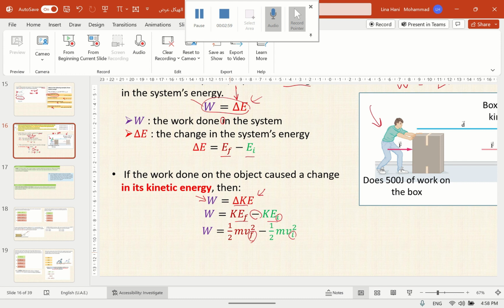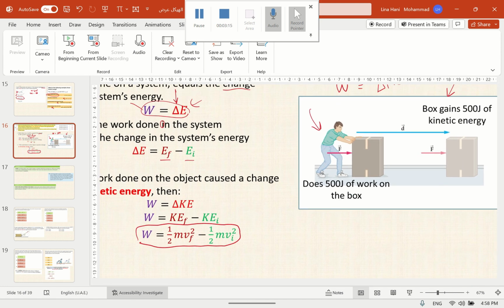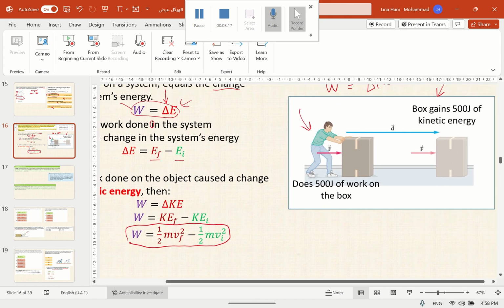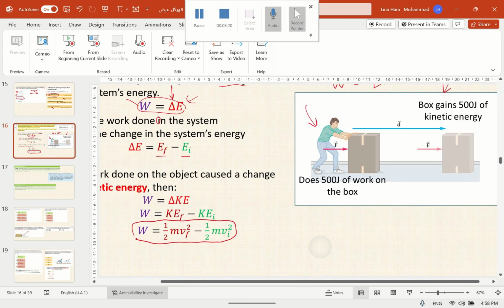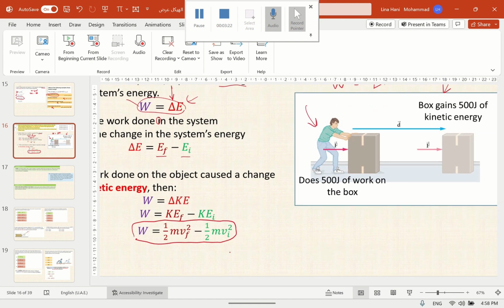And that gives you the work-kinetic energy theorem that you have to memorize. The work done on the box, which is 500 here, is equal to half mass v final squared minus half mass v initial squared.